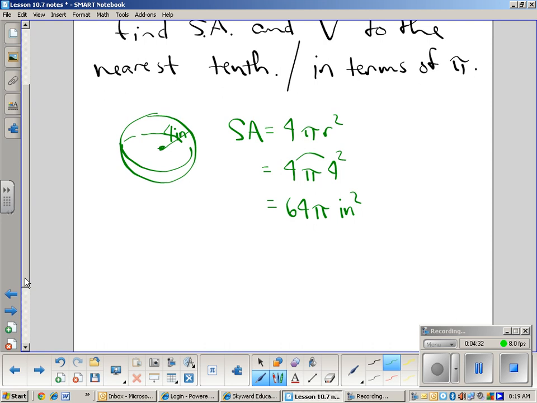Now if they say round to the tenth, I would take 64 times pi on my calculator, and I'd round to the tenth. I would not use 3.14 unless they say to.